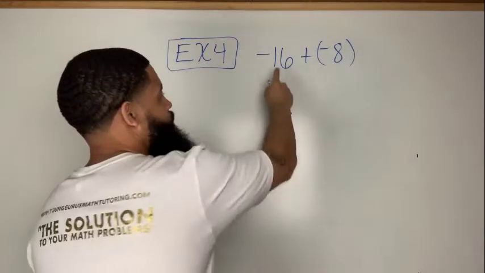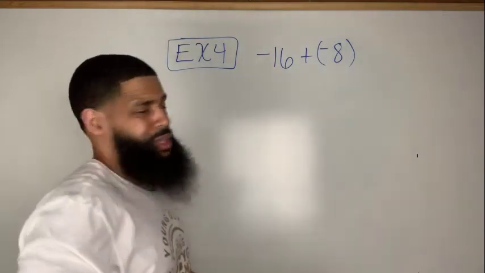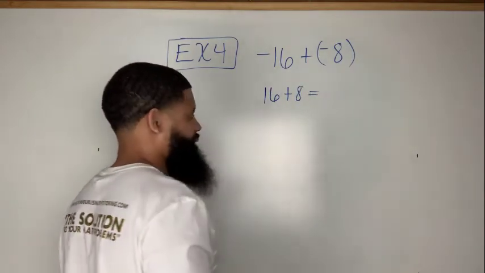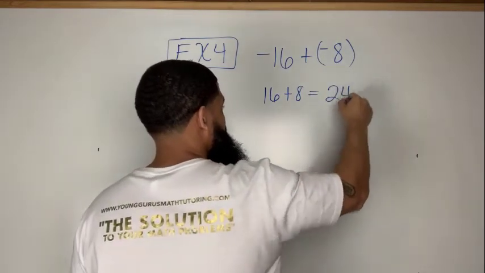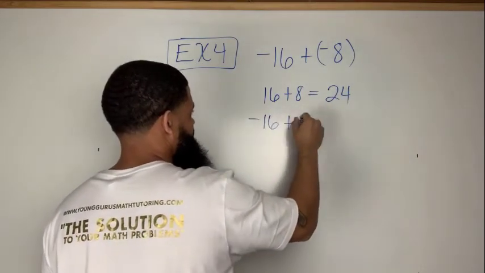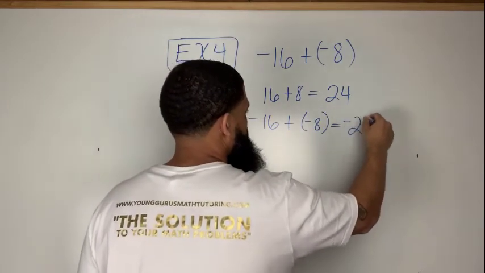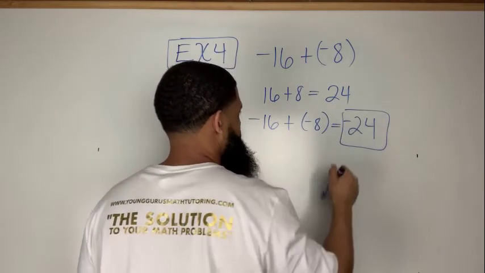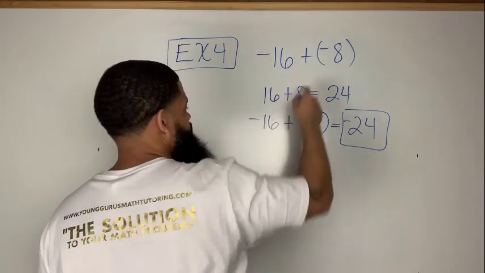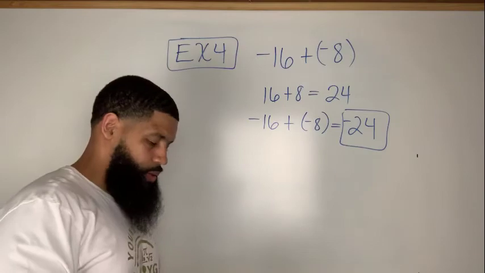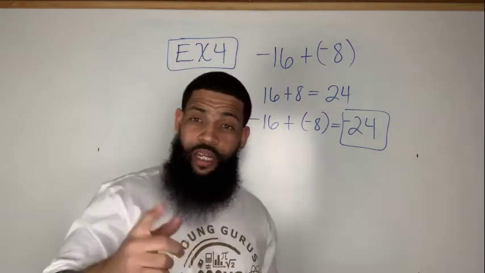All right, both of them are negative, so all I have to do is add 16 plus 8, which is 24. But in this case, negative 16 plus negative 8 equals negative 24. Okay, because I'm adding the absolute values, boom, and then I keep the sign because they're both negative. Okay. And that is adding integers.